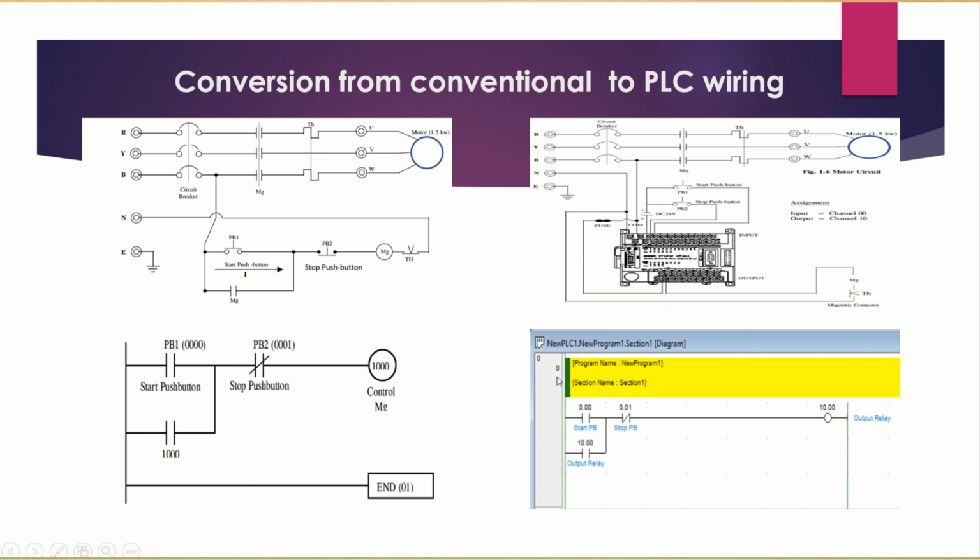Since we don't have the red vertical line here, it is clearly seen that our circuit on the CX-Programmer ladder diagram is correct. We have a start contact here in series with the stop push button going to the output relay coil.